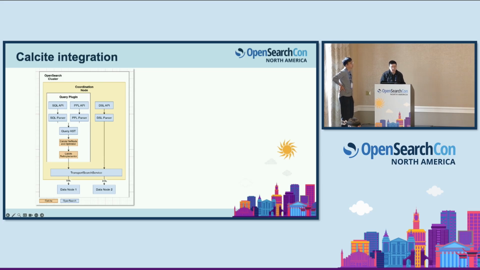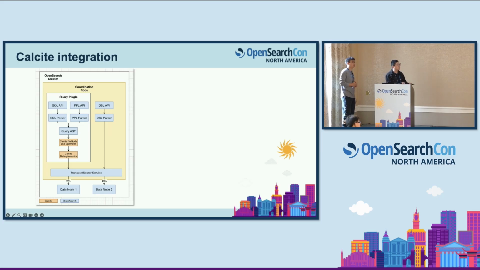Okay, here is the Calcite integration architecture. The SQL plugin, which we renamed the query plugin, is in the coordinator node. Whether it is the DSL API or SQL API, requests are all sent to the coordinator node. In the query plugin, SQL and PPL use different endpoints, and the statement is passed into a different parser.